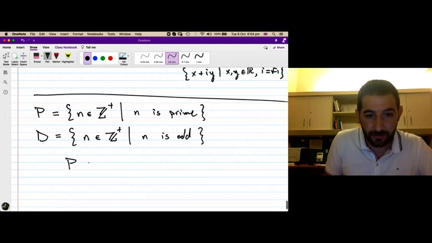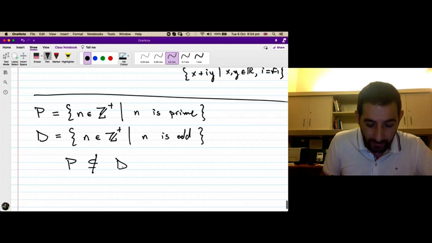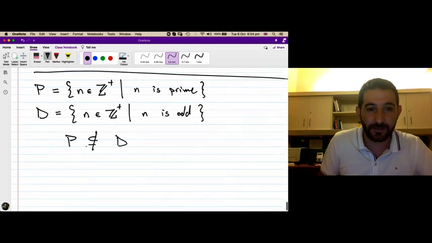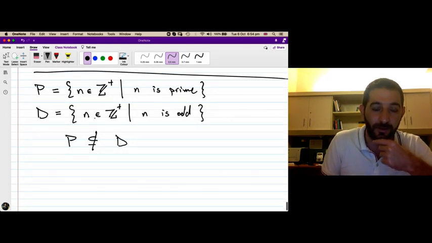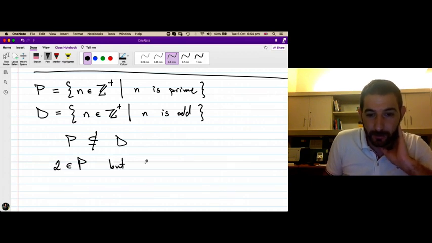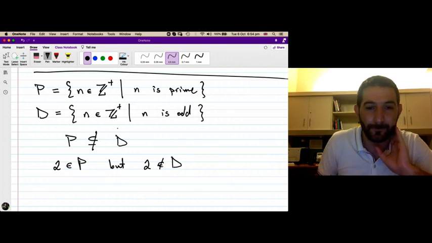Clearly P is not a subset of D. Why? Because there is some element here in P which is not in D. In other words, there is some prime number which is not an odd integer, namely 2. 2 belongs to P because it's a prime number, but 2 doesn't belong to D because 2 is not odd.